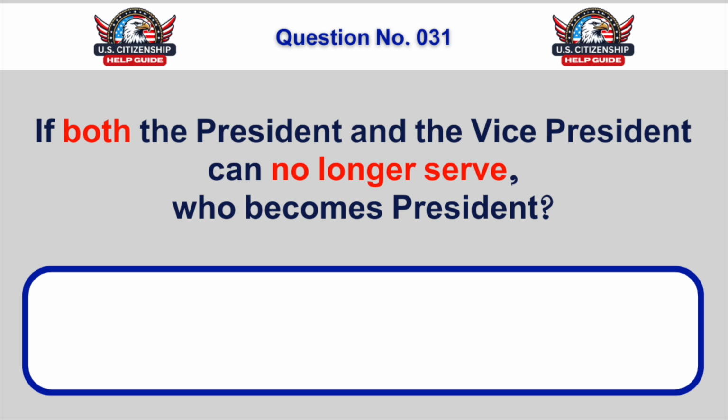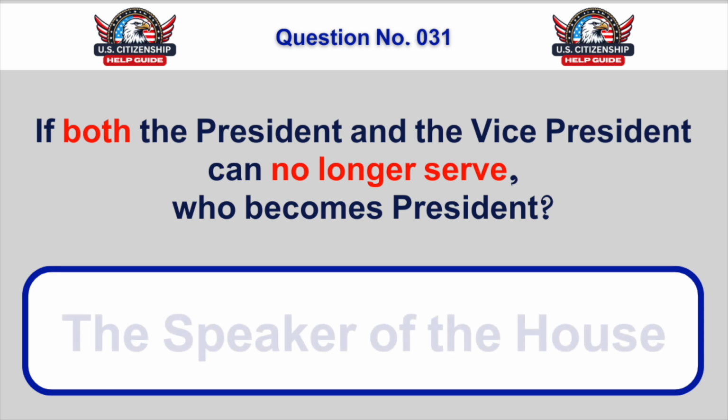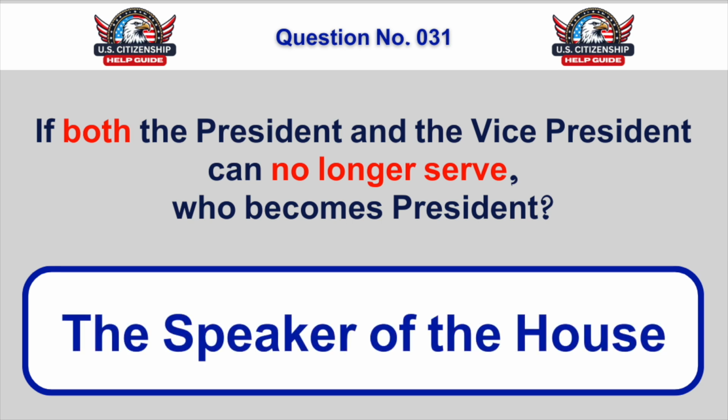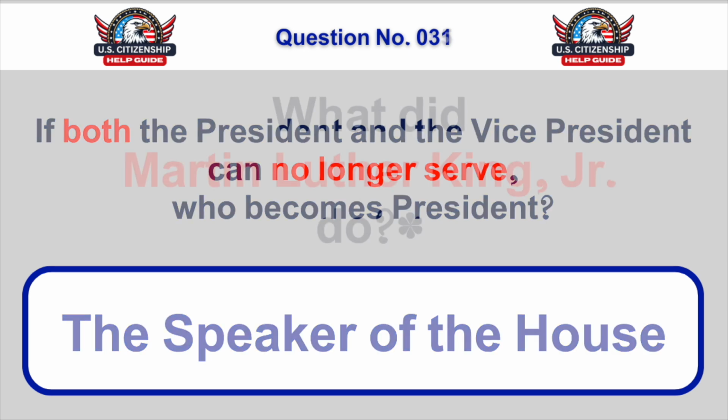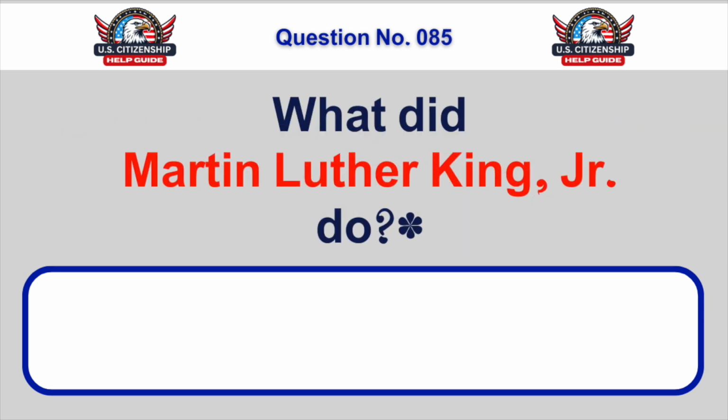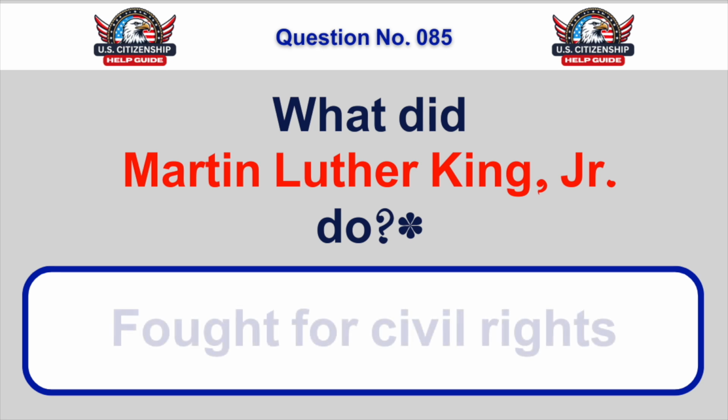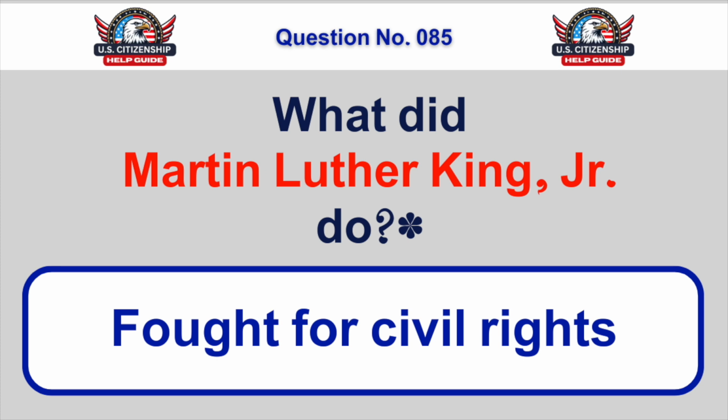If both the President and the Vice President can no longer serve, who becomes President? The Speaker of the House. What did Martin Luther King Jr. do? Fought for civil rights.